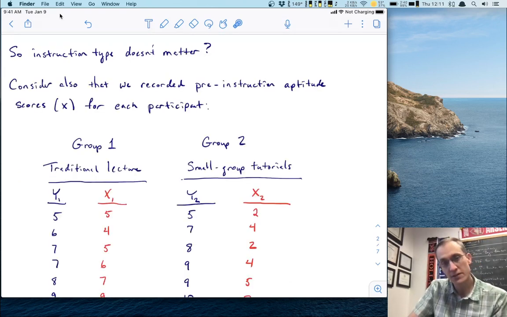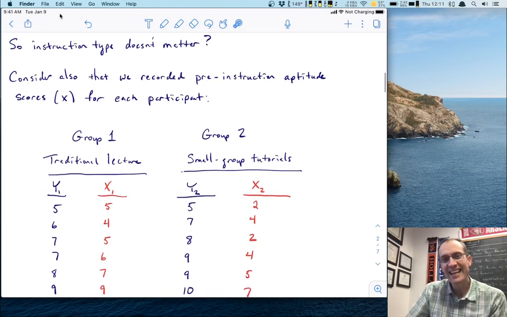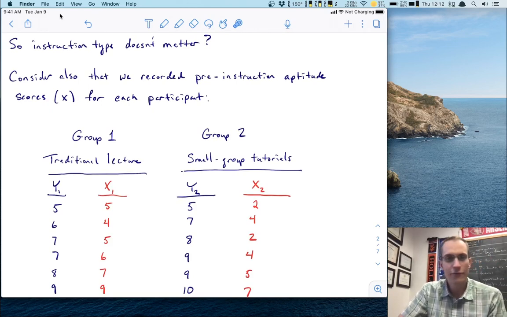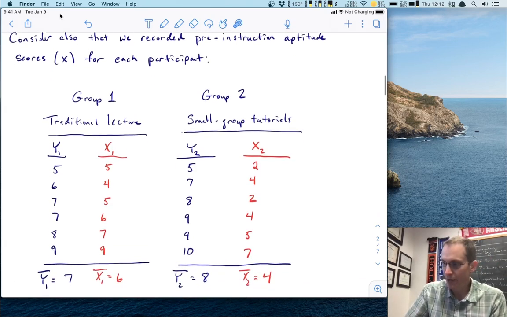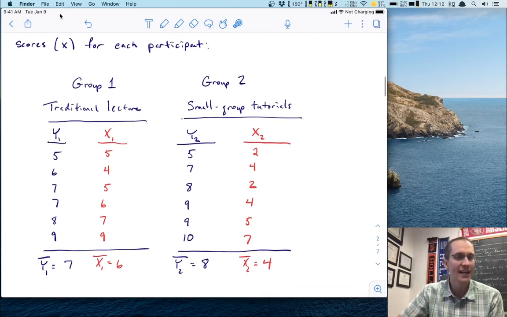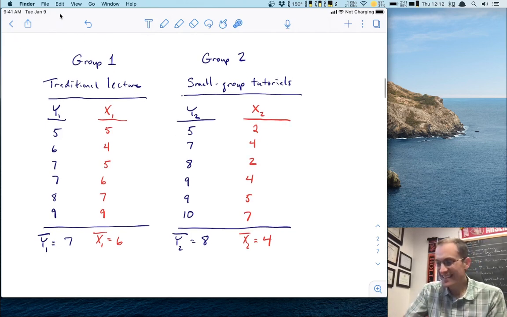Let's consider also that we recorded pre-instruction aptitude scores, and we're going to call those X for each of our participants. So I put those in red. You can see the exact same data table as before, but now I've overlaid the aptitude scores for group 1 and group 2. And you can immediately see something striking here. You can see that these 2 groups do not have the same mean aptitude score.